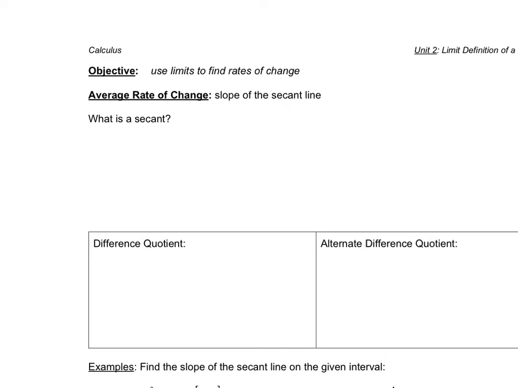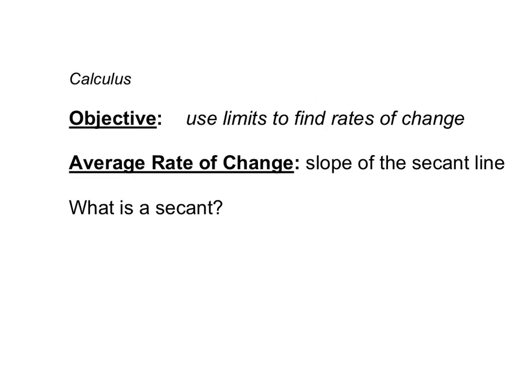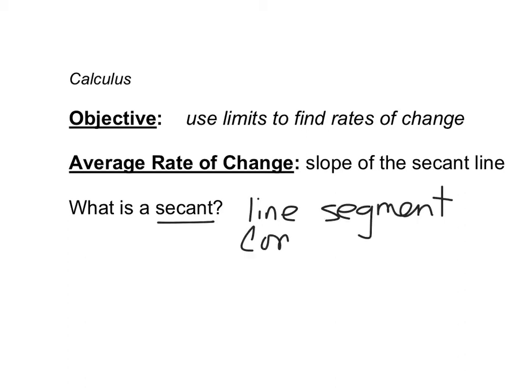All right. So what is a secant? We've discussed this already. It's, for our purposes anyway, a line segment connecting 2 points on a curve.